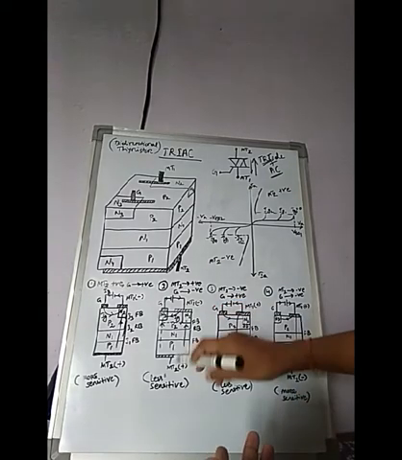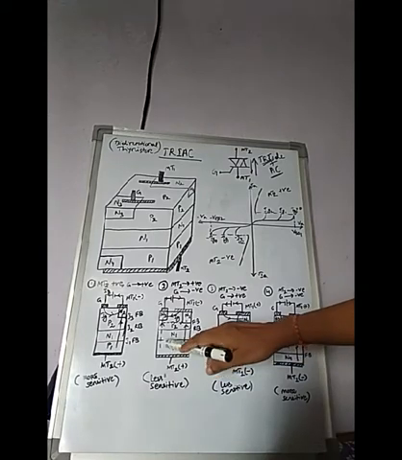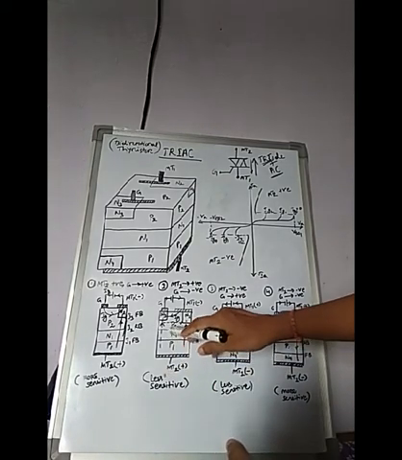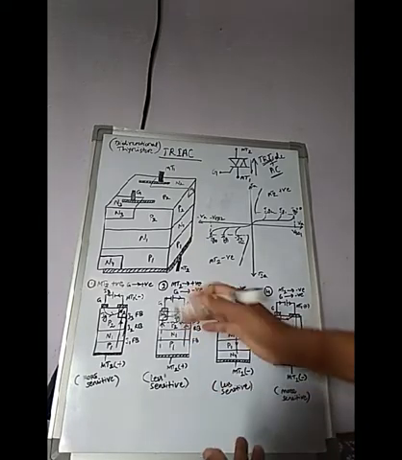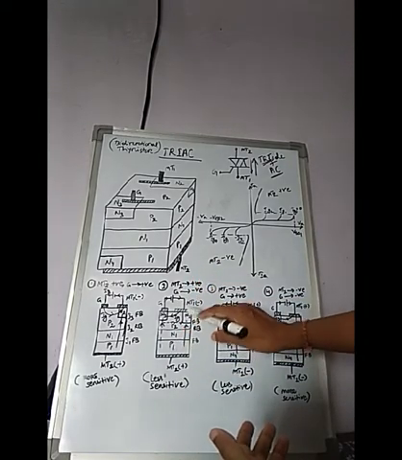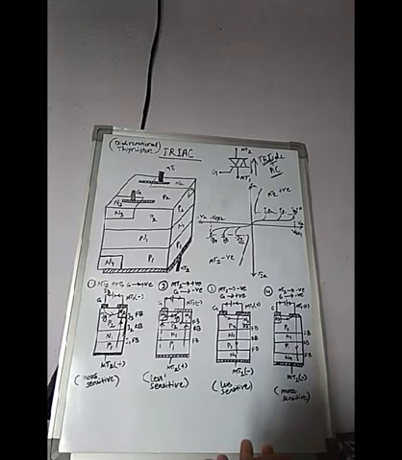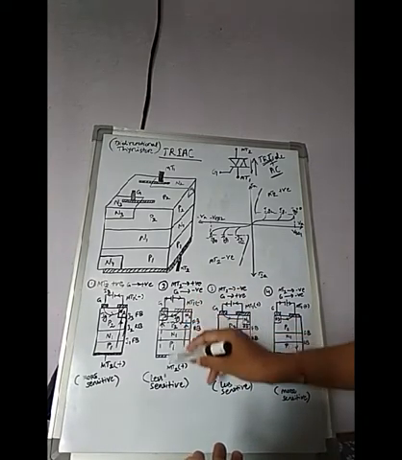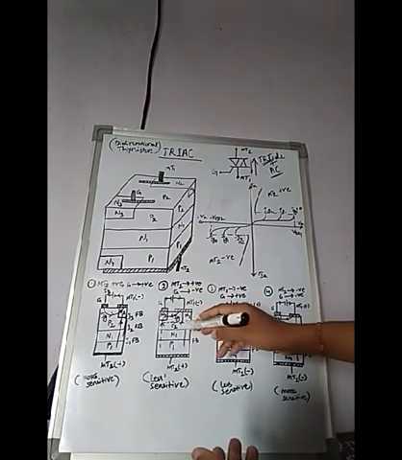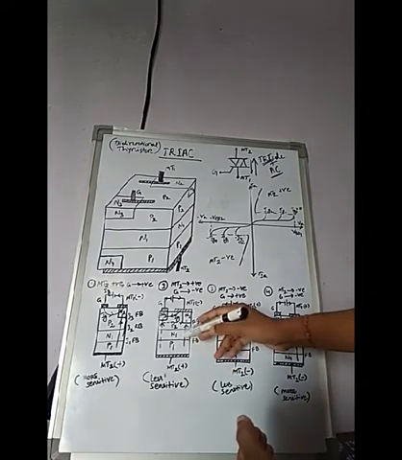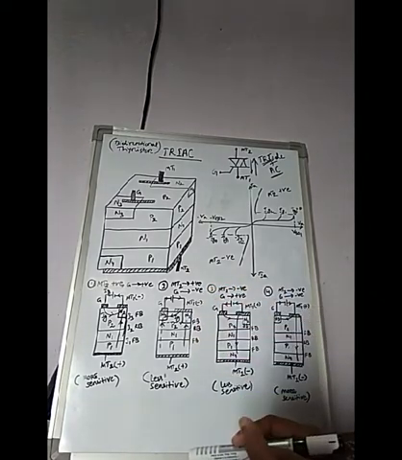The device structure P1, N1, P2, N3 may be taken as the pilot SCR, and the structure P1, N1, P2, N2 as the main SCR. Here the pilot SCR is helping to conduct the main SCR P1, N1, P2, N2.